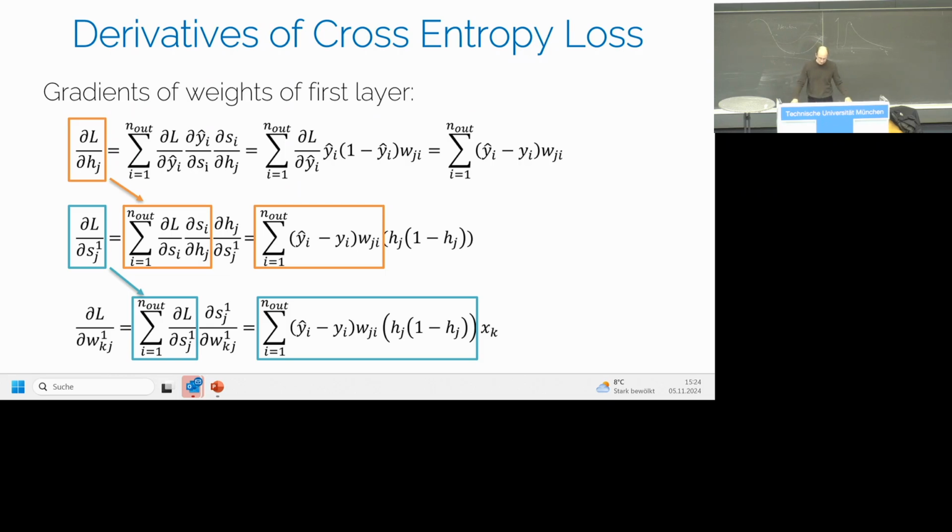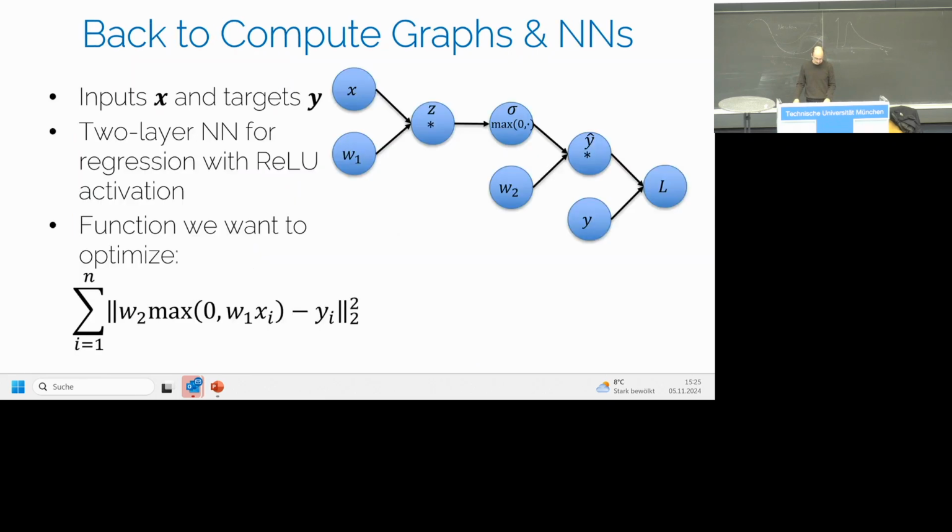These expressions look complicated, and especially if you have hundreds of layers, they will get arbitrarily complicated. And this is why we have these compute graphs, where you don't do the analytical calculation end to end, but you propagate layer by layer, and then it's just a standard recipe. And this is what these software libraries provide.